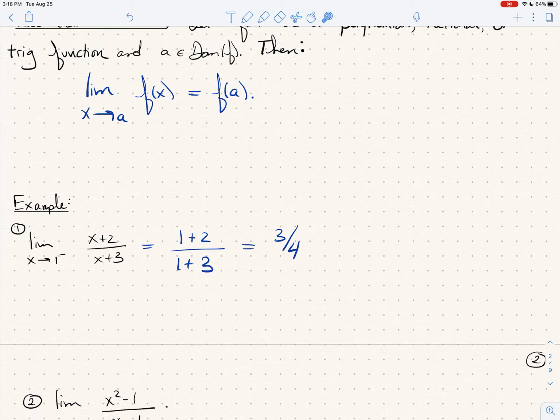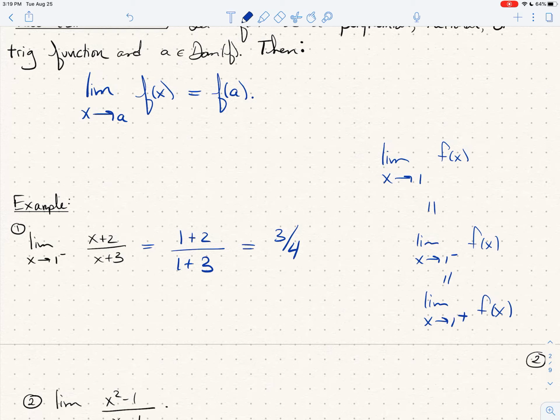So what about the one from the left? Well, as we saw in the last section, the limit as x goes to 1 of f of x, if that exists, then it's equal to the limit as x goes to 1 from the left of f of x, which is equal to the limit as x goes to 1 from the right of f of x.